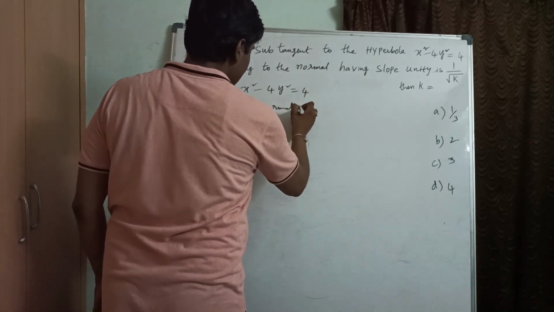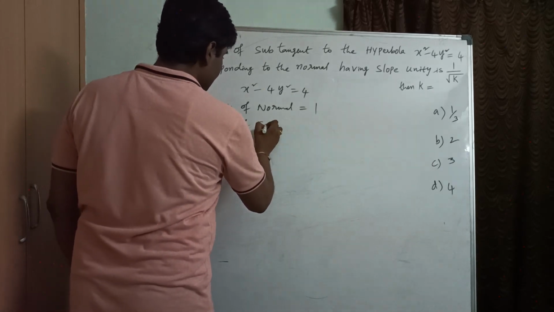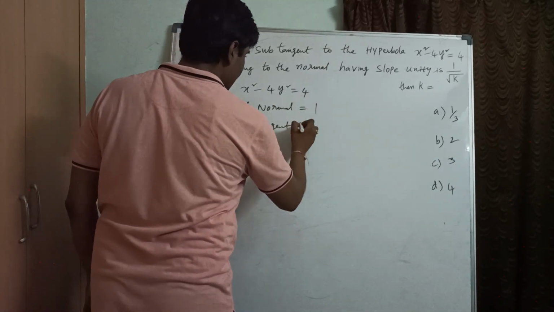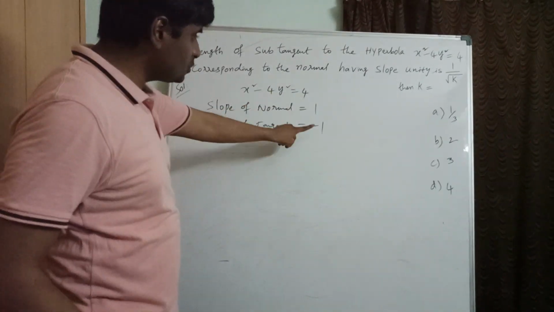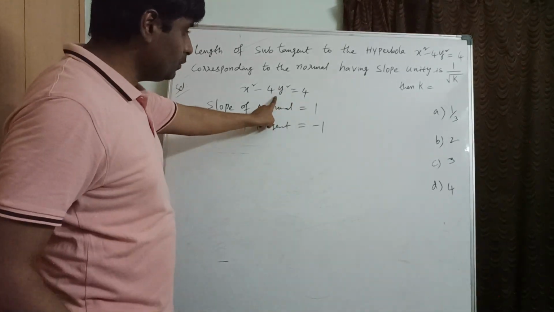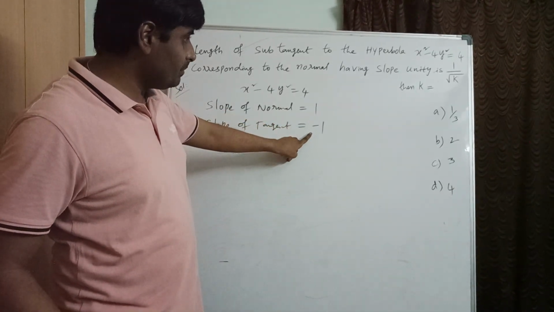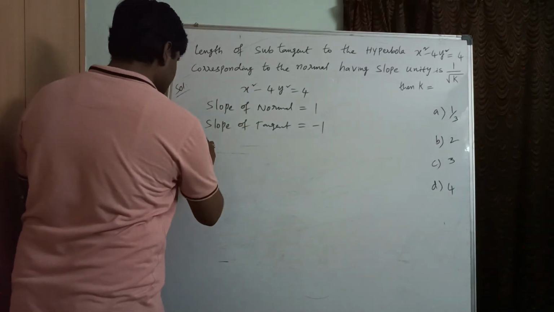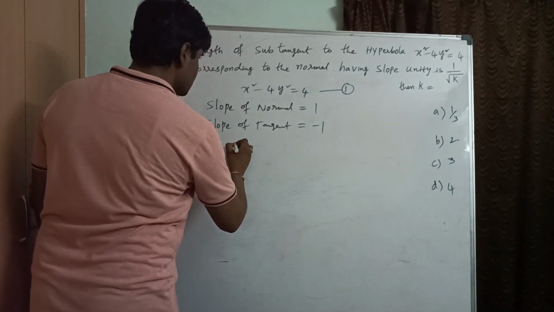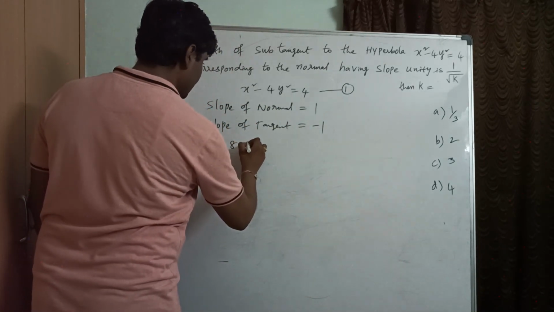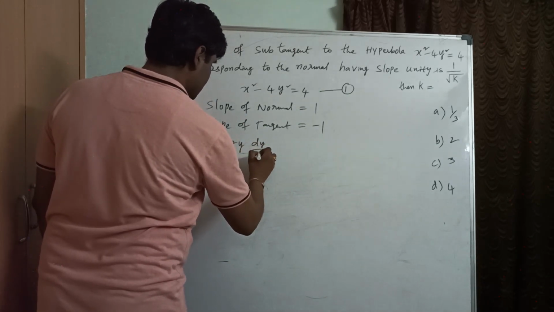Now differentiate this and equate dy by dx to minus 1, because that will be equal to the slope of tangent. Differentiating, we get 2x minus 8y into dy by dx equal to 0.